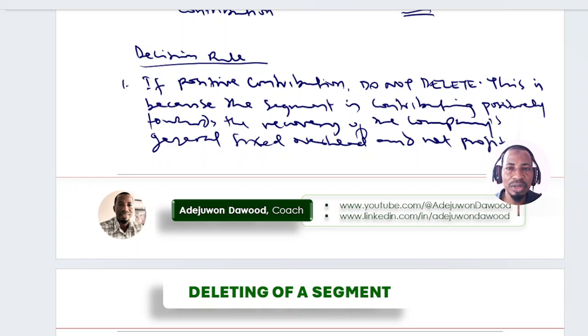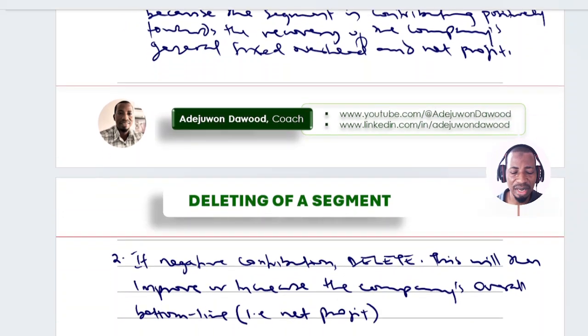But if negative contribution, the segment should be discontinued, and that will improve the overall bottom line of the organization. It is also possible that the sales value may be equal to the total relevant cost. When this happens, the company can either delete or not delete the segment, depending on other qualitative factors.